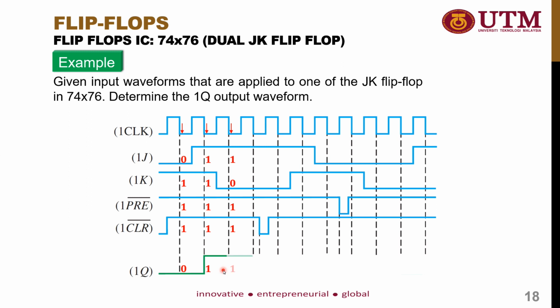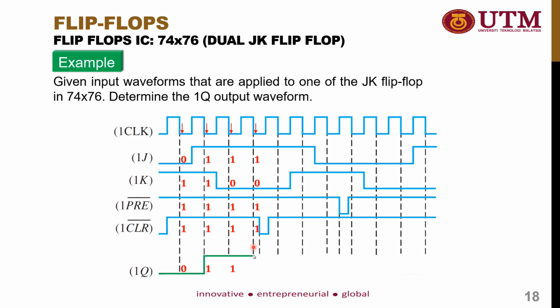So the value of 1 is retained. Okay, and then we observe the PRE bar and CLR bar are still 1 1 when the clock enters the next falling edge. So it means that it is still entering the JK flip-flop mode, with J K at 1 0.